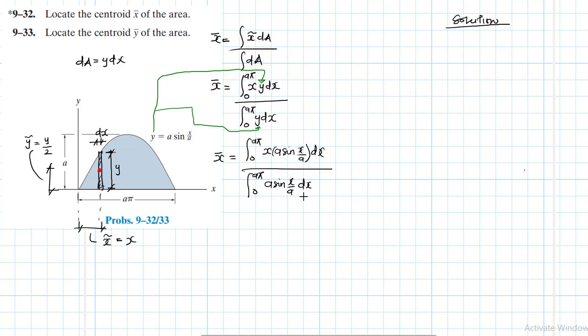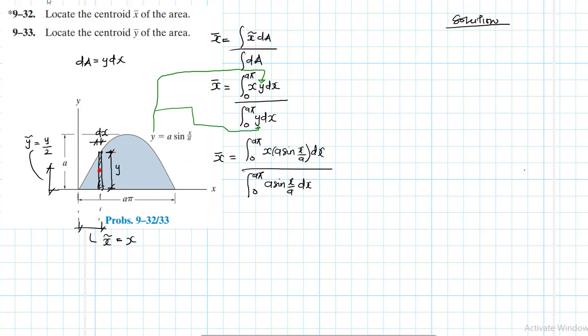But if you have a table of formulas in your test or exam, I advise you to use those integrals from your table so that you don't waste time integrating. If those are not there, then you need to do it yourself. So let's start with the top. We are going to use integration by parts.